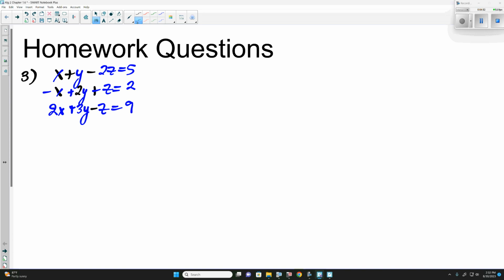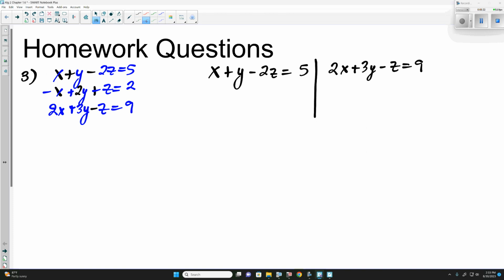Now, for this here, we need an eliminator equation if we're doing this by hand. Yes? Okay, so if we do this by hand, we need an eliminator equation to work with this here. Let's eliminate x out, and I'm going to use the middle one: x plus y minus 2z is equal to 5. It's going to be one of the two equations we use, and this is the other.